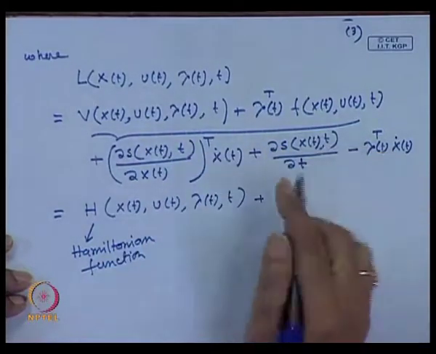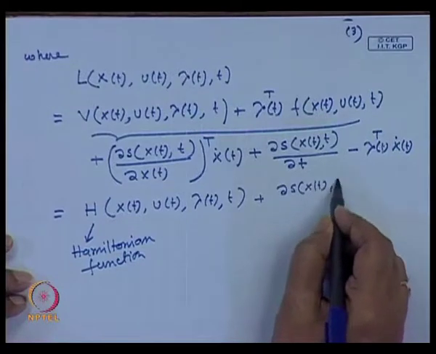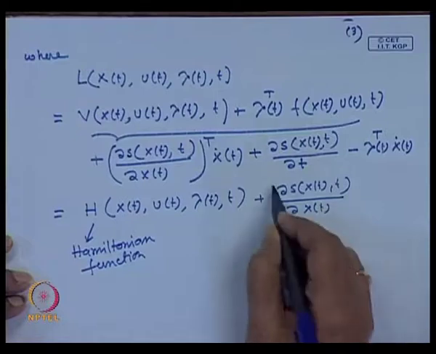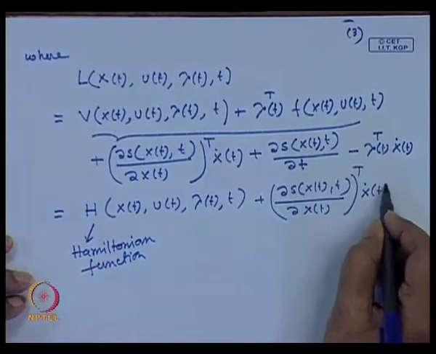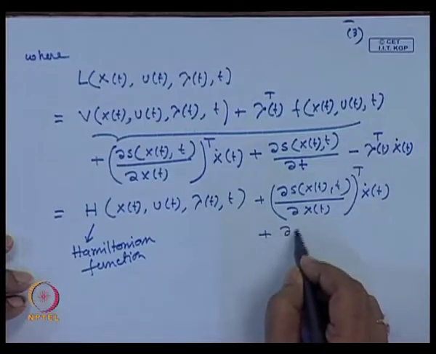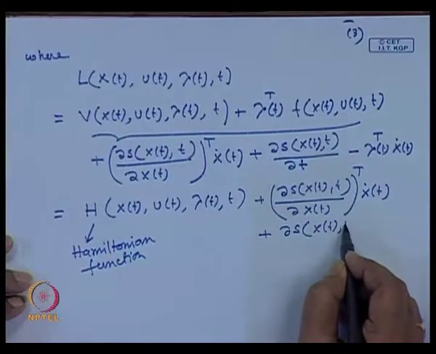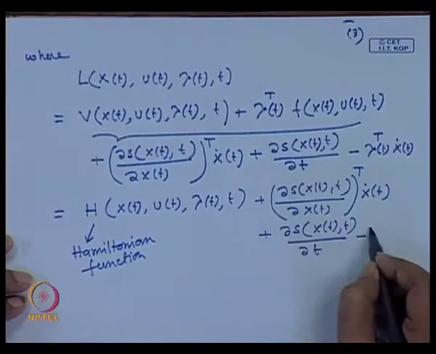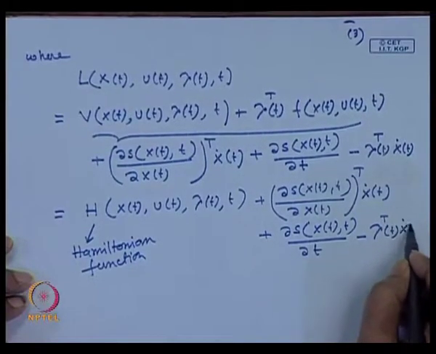This: del S del x of t, whole transpose, x dot of t, plus del S del t, minus lambda transpose x dot of t.